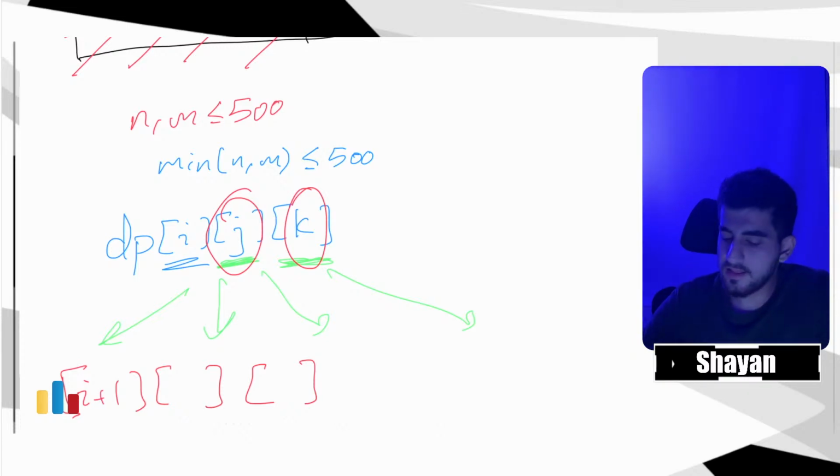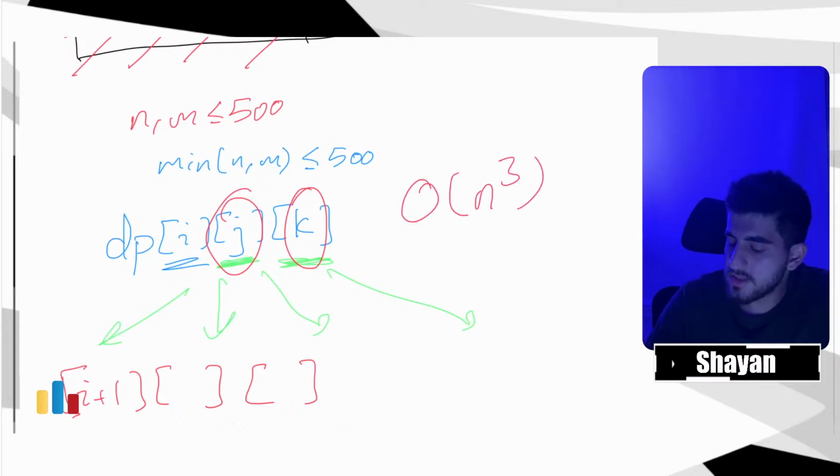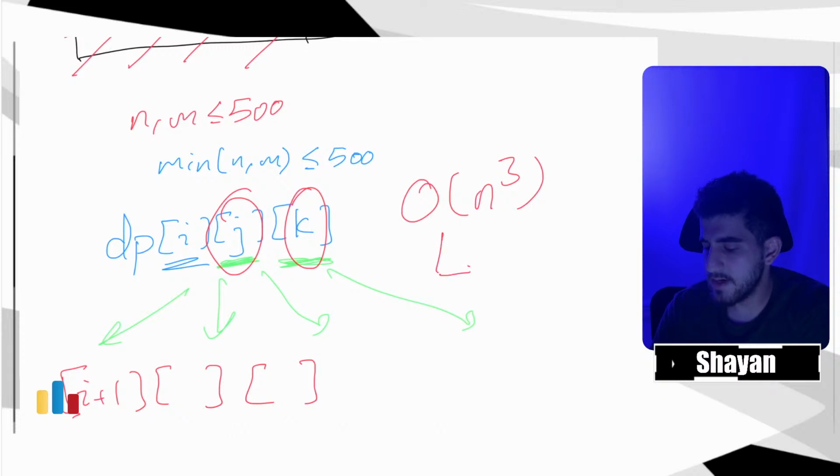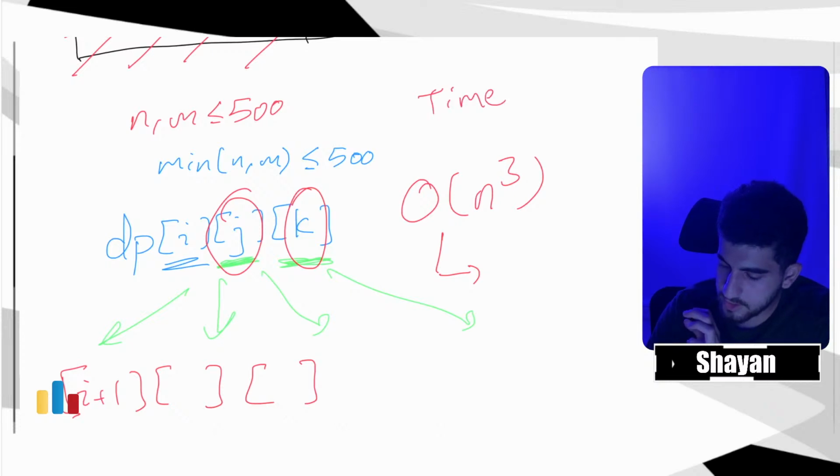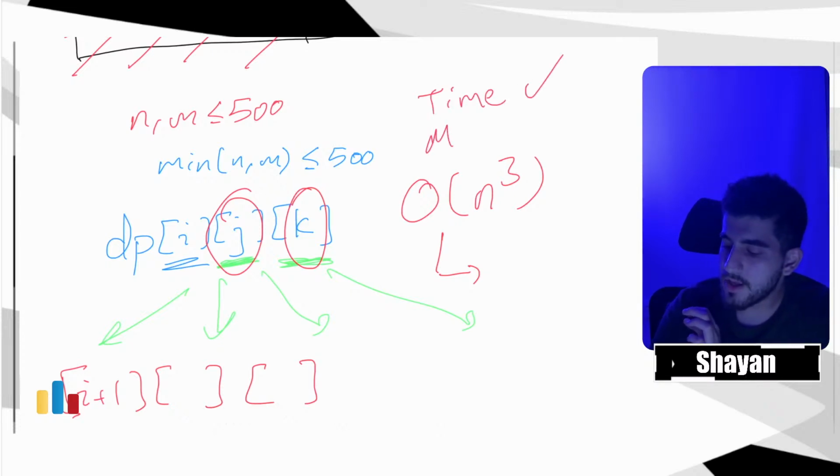The only remaining thing is that O of n cubed memory is not very good. Can you give me any idea to optimize our memory? I mean, for time, n cubed is okay, but for memory, n cubed is a bit high.